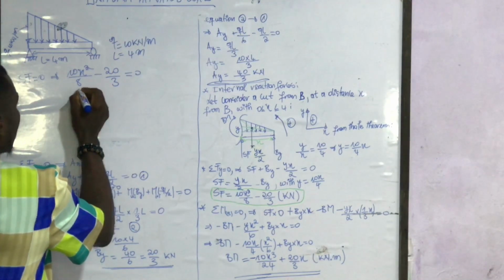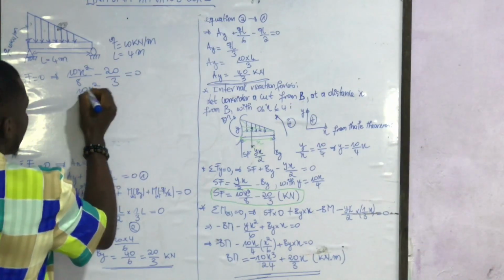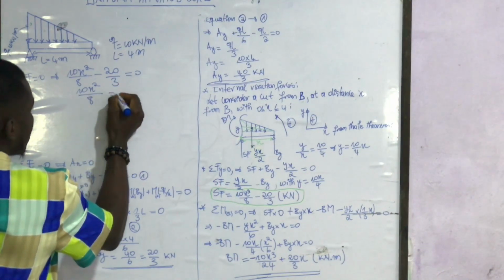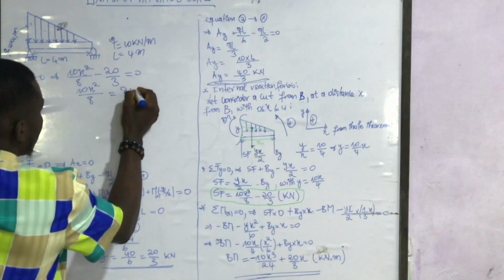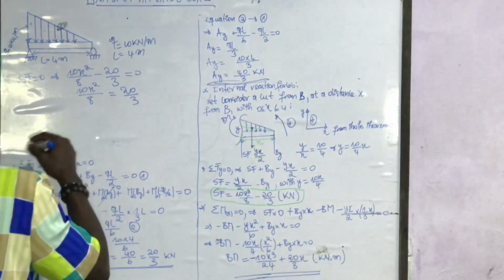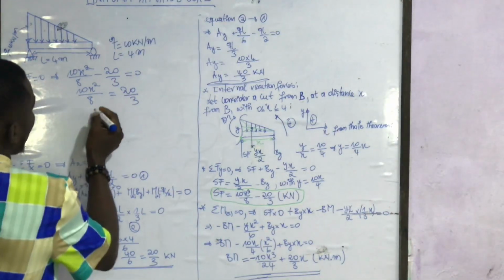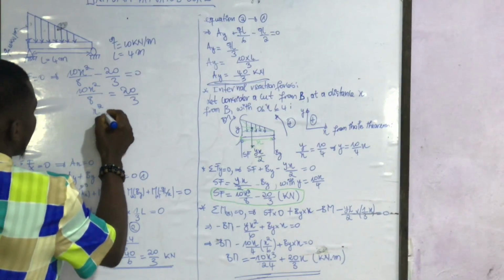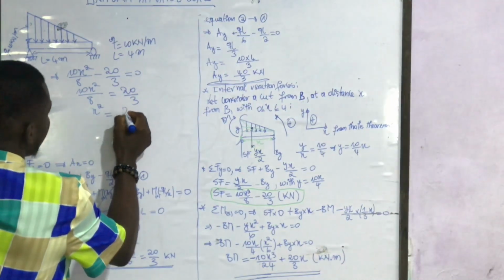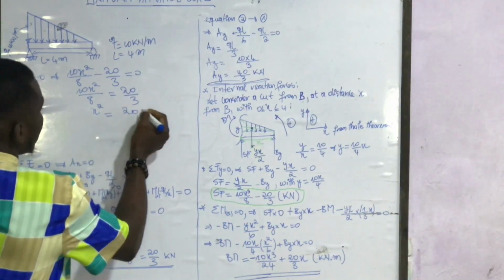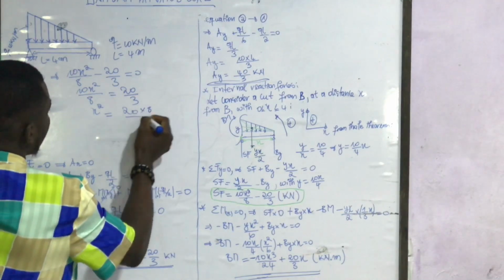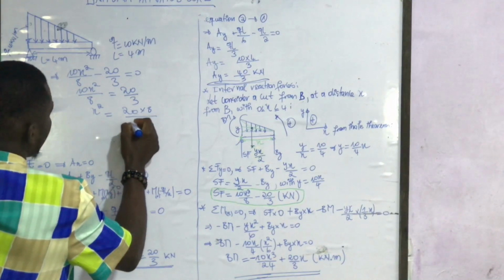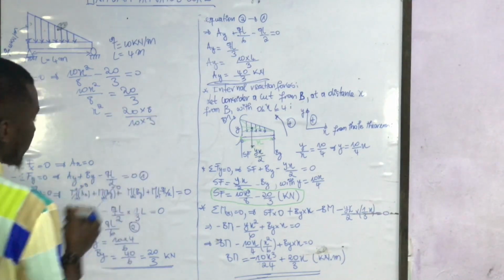That is, 10x squared over 8 is equal to 20 over 3. So we'll have x squared equal to 20 times 8 divided by 10 times 3.